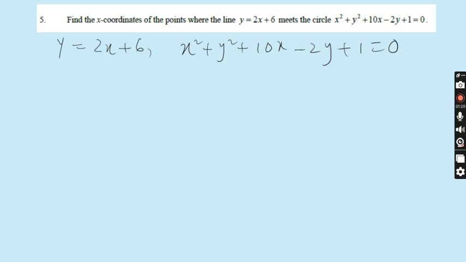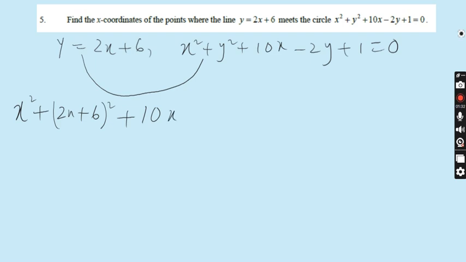Put the value of y equals 2x plus 6 in the equation of the circle. So x squared plus (2x plus 6) squared plus 10x minus 2 multiplied by (2x plus 6) plus 1 equals 0.